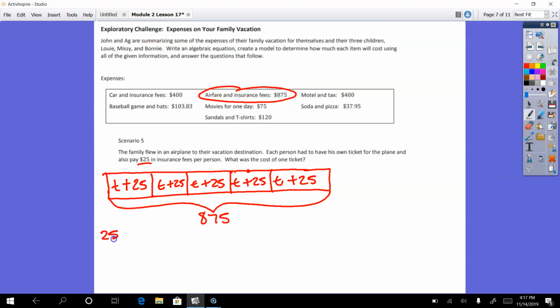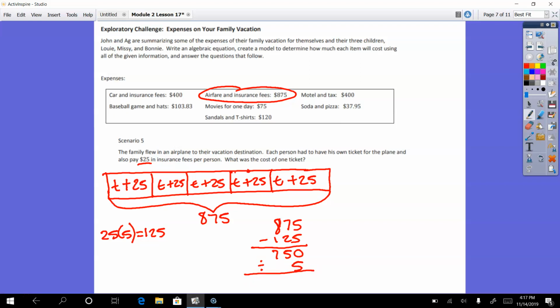Okay, so we have 25 times 5, which is 125. So we have 875 minus 125, which gives us $750. And then there were 5 tickets that they had to purchase.